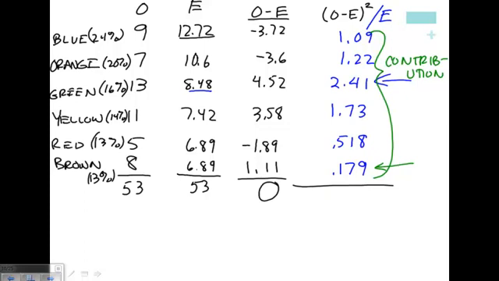In my case, I get 1.09 plus 1.22 plus 2.41 plus 1.73 plus 0.518 plus 0.179, and I get a value of 7.147, and I give that number the name chi-square.